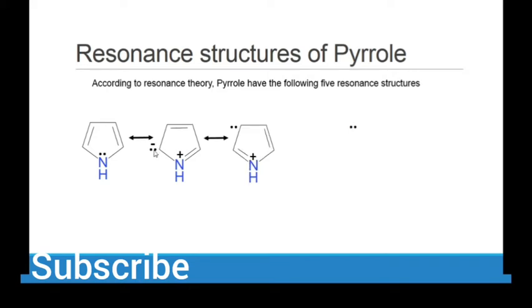Then this electron moves here, and then this bond will move here, and this bond will move here. So this is the movement of electrons. Then these electrons move to this position, then this bond moves here, and this bond moves here.